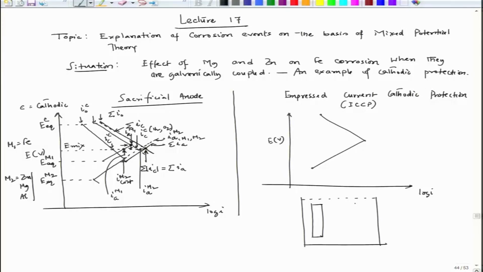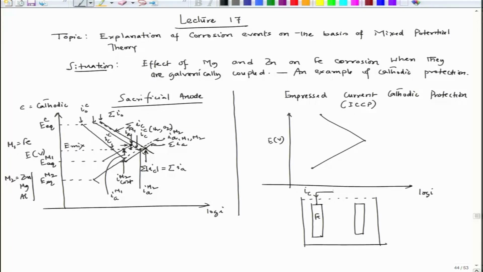And then let us say this is iron which is to be protected, and it is protected by supplying negative current. So, if I try to supply negative current to this, that means I have to supply IC to this.